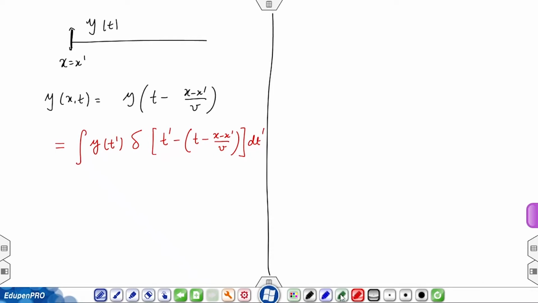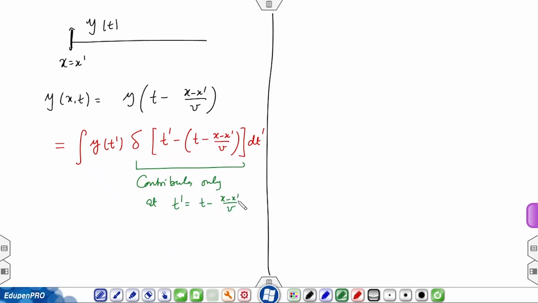So, this contributes only at t prime equals t minus x over v. But this is a way of writing it.